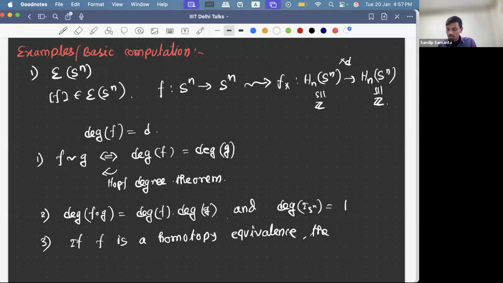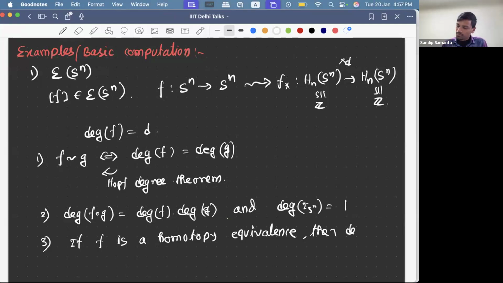If we apply the degree on both sides, then the degree of f compose g is equal to the degree of the identity map, which is 1. So degree of f times degree of g is 1, but the degrees of f and g are both integers, so the multiplication of two integers is 1. That means the only possible choice for the degree of f is plus or minus 1, right?